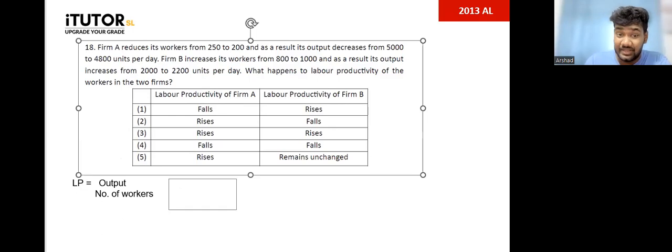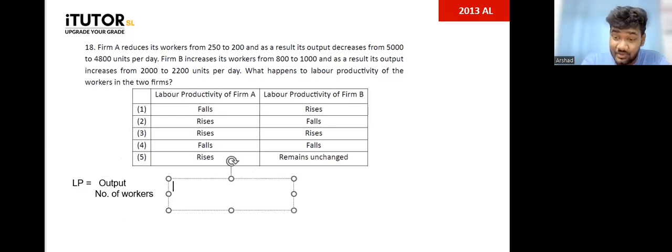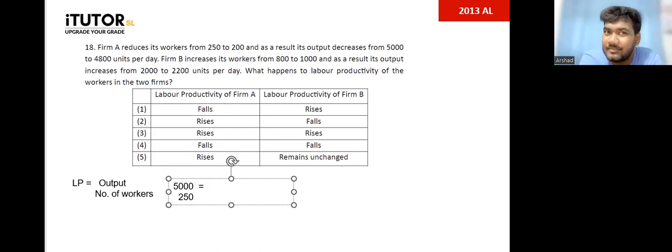Firm A initially was producing 5,000 with 250 people. So how much is their labor productivity? How much does one person produce? Initially, they were producing 5,000 with 250 people. So labor productivity is 20. So one person is producing 20 units.